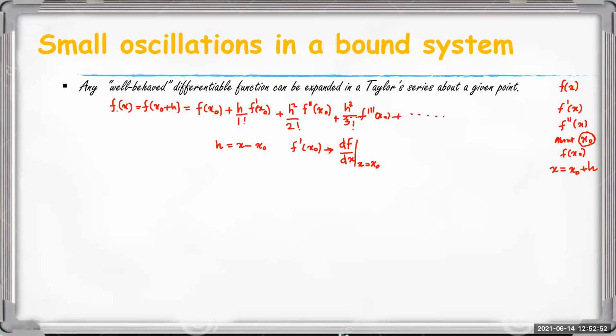So in your mind, just take these quantities. f of x must be equal to f of x0 plus x minus x0 times f dash of x0, plus x minus x0 whole square divided by 2 times f double dash x0, plus etc.